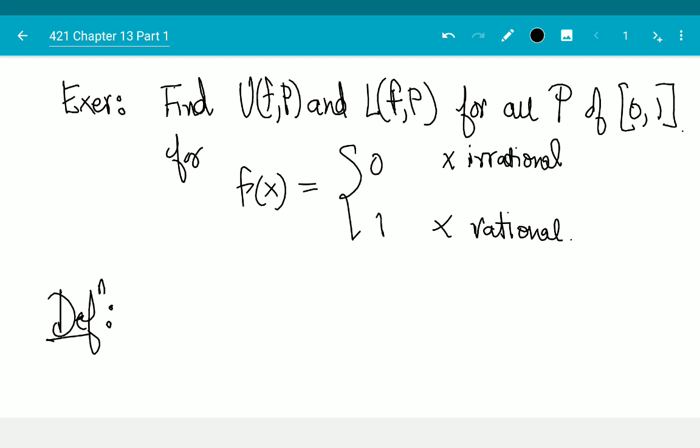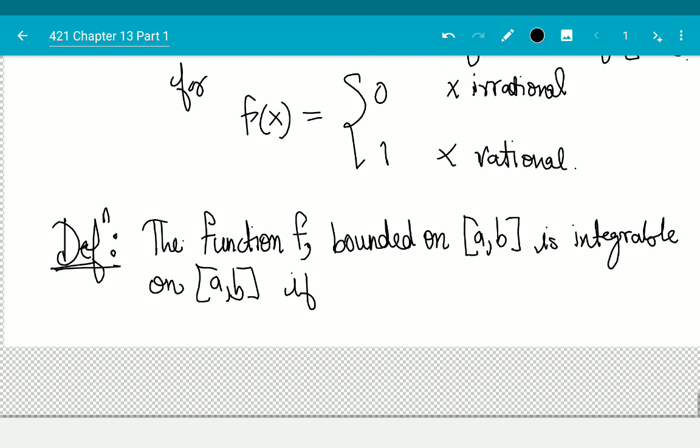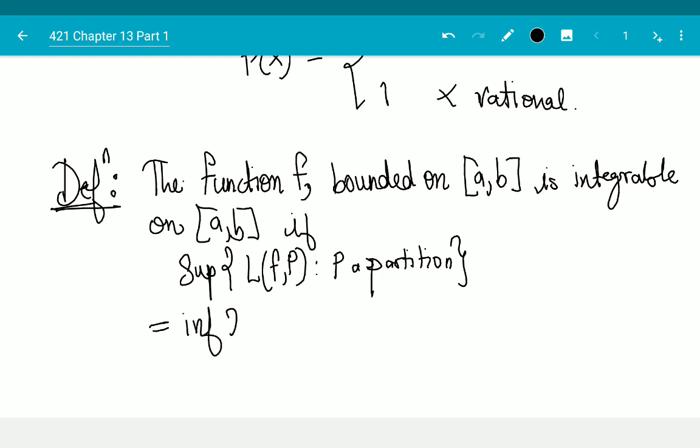Then, definition. The function f, which needs to be bounded on [a,b], is integrable on [a,b] if the supremum of the lower sums over partitions P is actually exactly equal to the infimum of U(f,P), P a partition.